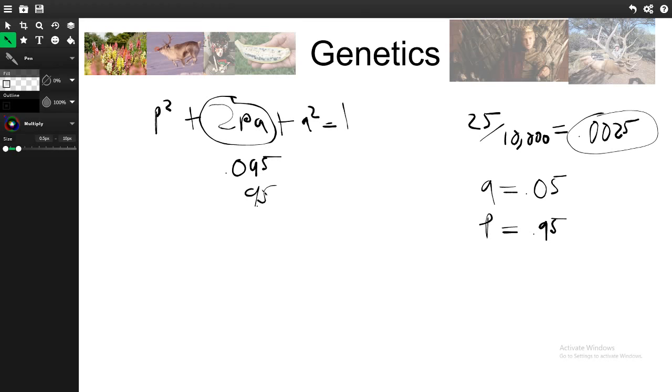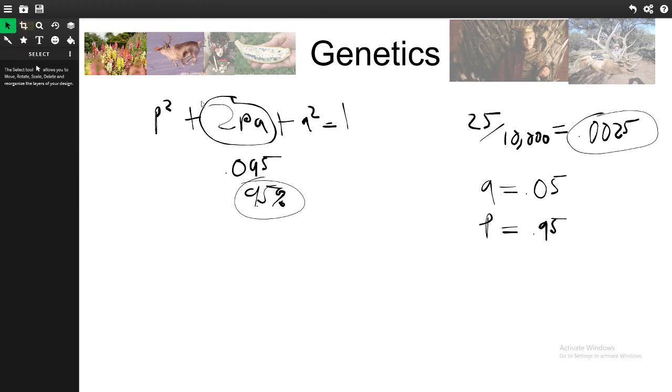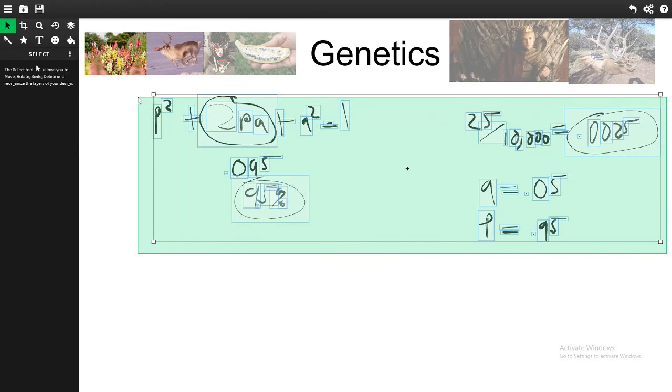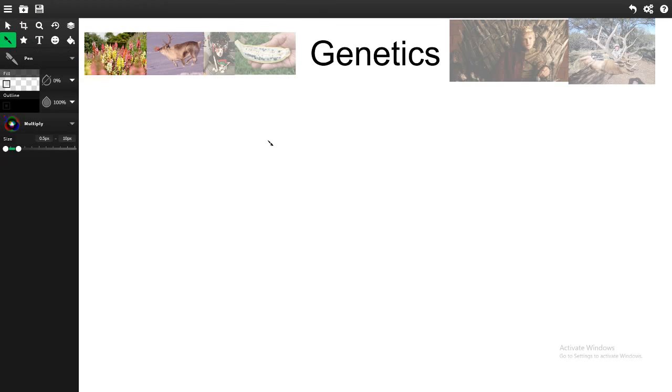So 9.5% of the population will be heterozygotes for the red nose condition. So fairly simple. Let's move on to something else.